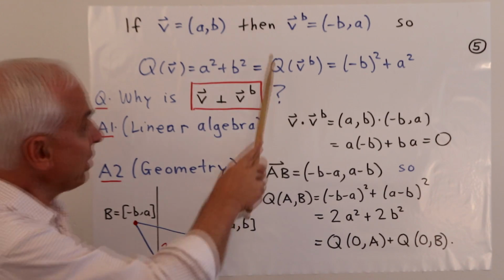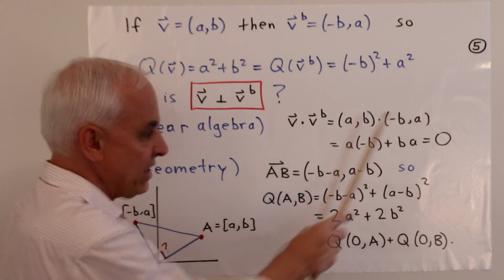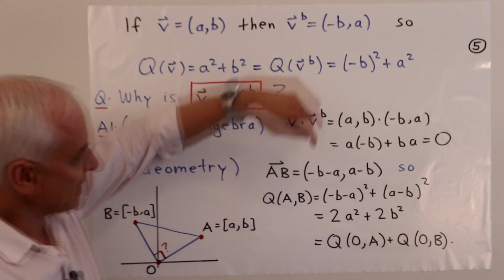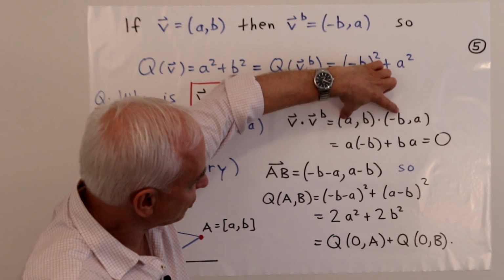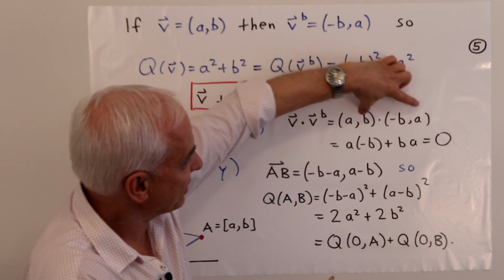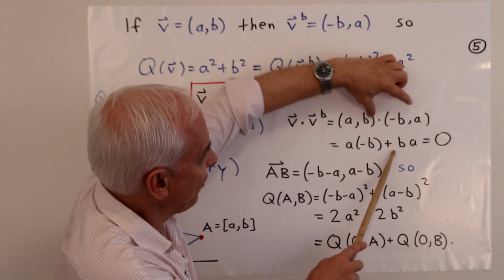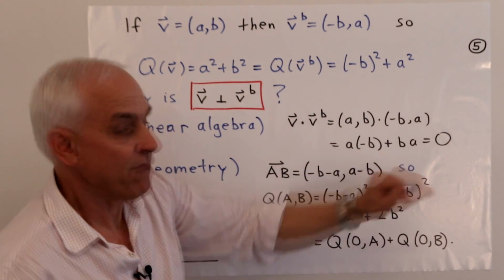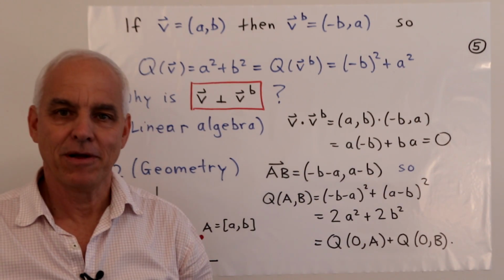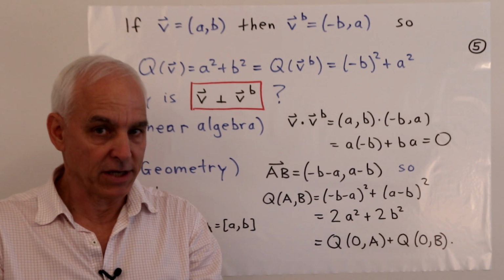So what's the dot product between these two vectors, between (a, b) and (-b, a)? Well, the rule is that you take the product of the first two entries, and then you add the product of the second entries. So it's a times minus b plus b times a, and that's obviously 0. And so by the linear algebraic approach, these two vectors are perpendicular.